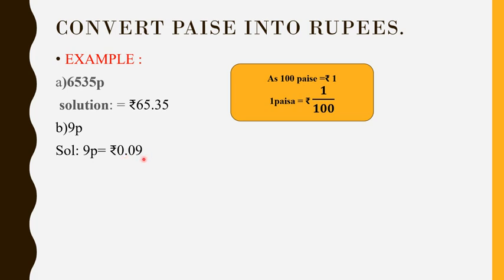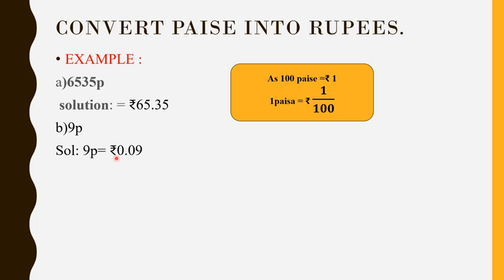So it will be 9, then we will put a 0, and then a dot, and then in the rupees place you have nothing, so you will put a 0 again, and then you will put the symbol of rupees. So this means rupees 0. Though 0 has no value, because the question is telling you to convert into rupees, you have to show your answer also in rupees.